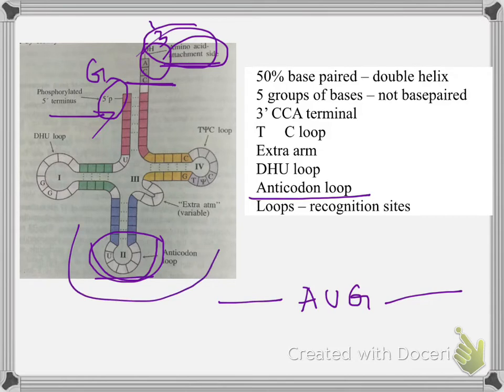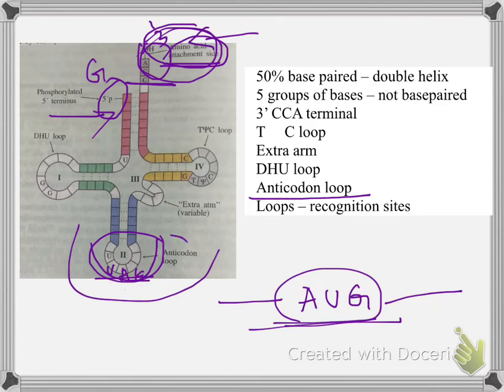This tRNA has to read this codon AUG and attach the corresponding amino acid to the 3' OH of the CCA, at the amino acid binding site, and bring it to the mRNA. So the anticodon will be here, UAC. The corresponding anticodon to this AUG is UAC. So due to the presence of this anticodon, this loop is known as the anticodon loop.